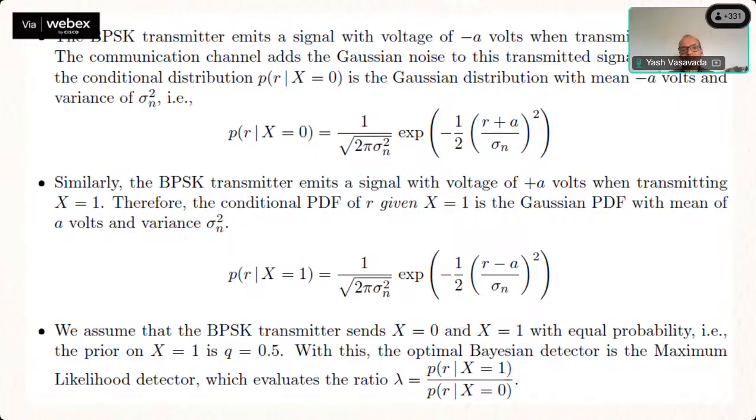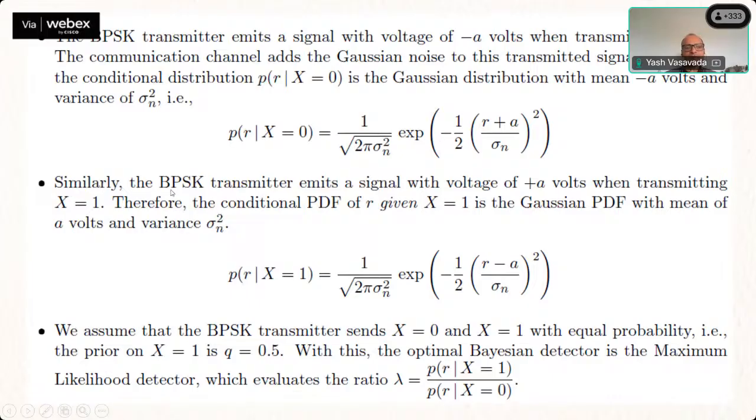The mean or the expected value of that Gaussian distribution is minus A. Why minus A? Because whenever the transmitter wants to send bit 0, the BPSK scheme converts 0 into minus A volt. So that is why this PDF is realized.